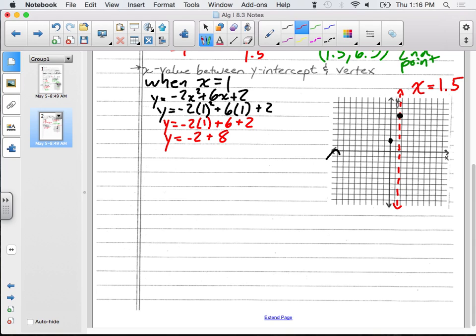What should our final answer be for this one? y equals 6. So the ordered pair for our third point is 1, 6. So our third point, 1, 6, right there.